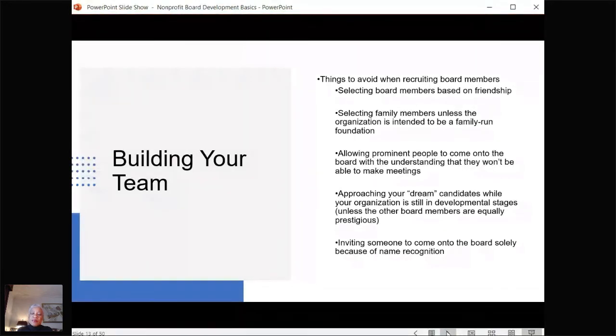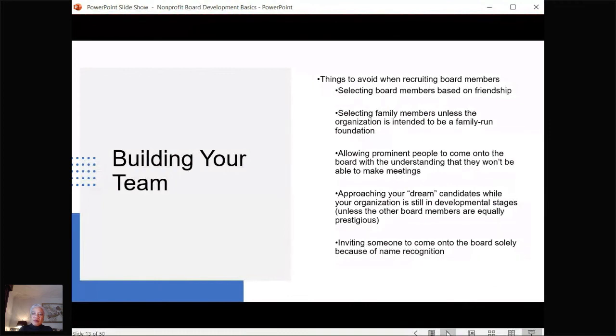You don't want to approach your dream candidates while your organization is still in the development stages, because they may not have the same kind of relationship with you as a close friend or someone you've been working together with. They may not understand or pardon your dust, so to speak, while you're under construction. They want to make sure that there's something really going on before they join.